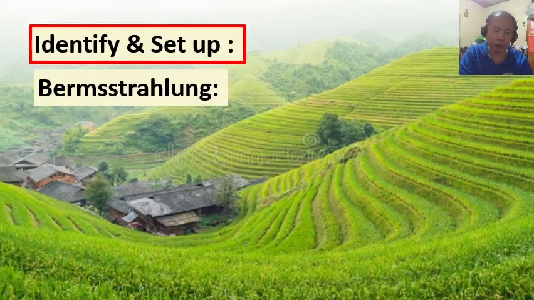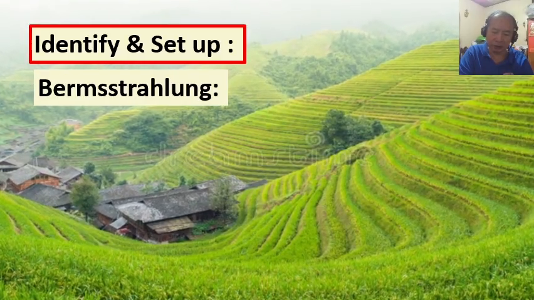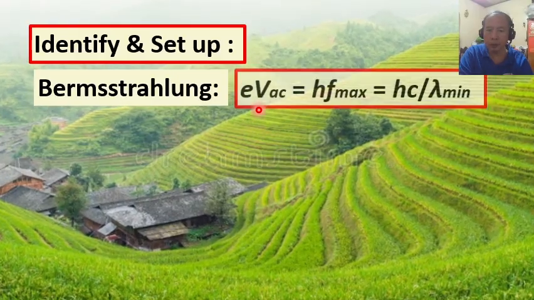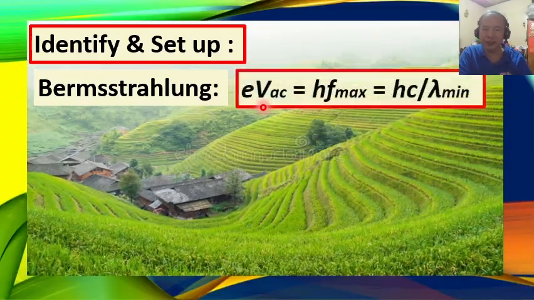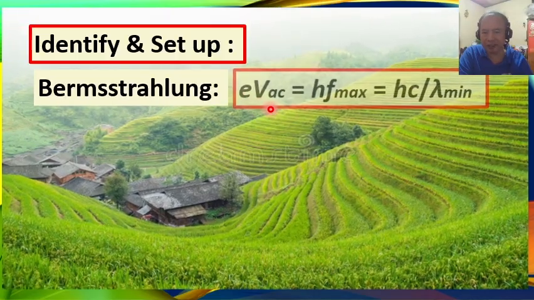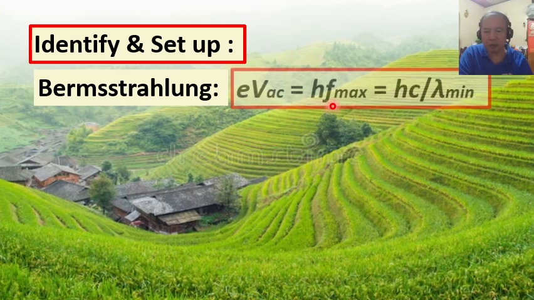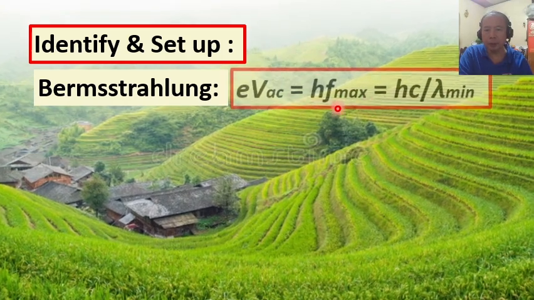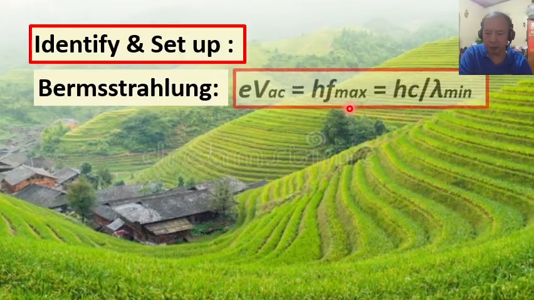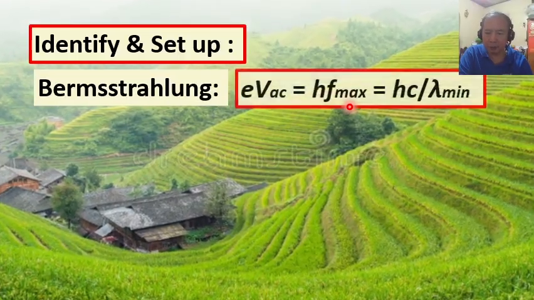So for our solutions, we apply the Bremsstrahlung equations. The kinetic energy of an accelerated electron, represented here by e V sub AC, is equal to the product of Planck's constant h and the maximum frequency of the emitted photon.